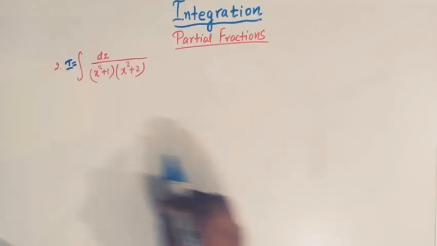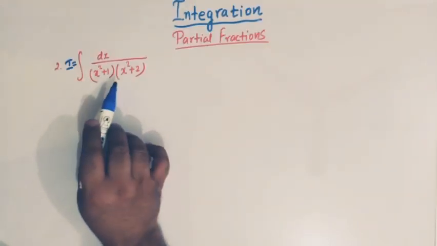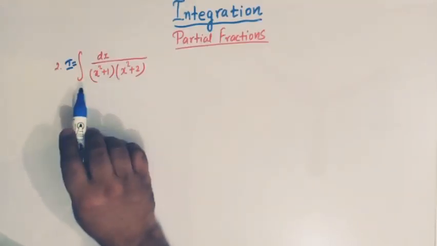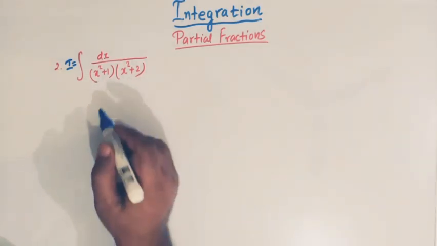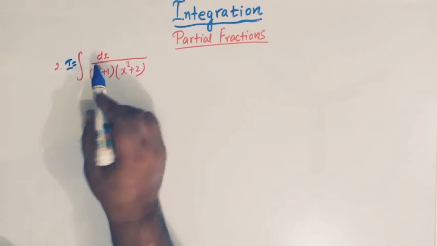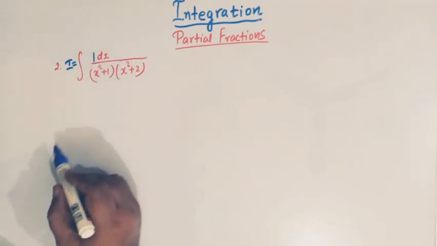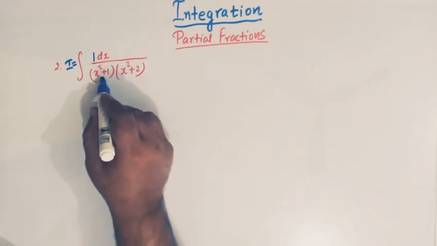Now viewers, let us take another problem. This problem is slightly different from the problem which we have just solved. Here we see that in the numerator we have 1, and in the denominator we have two quadratic functions.